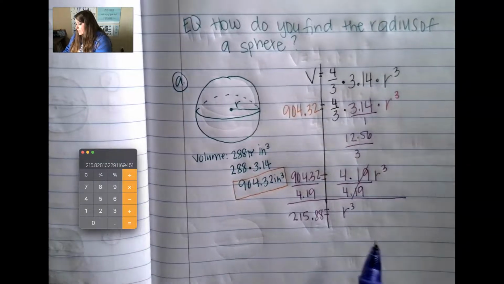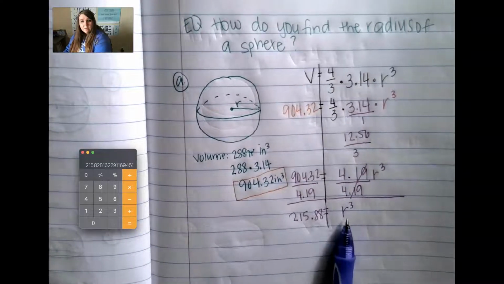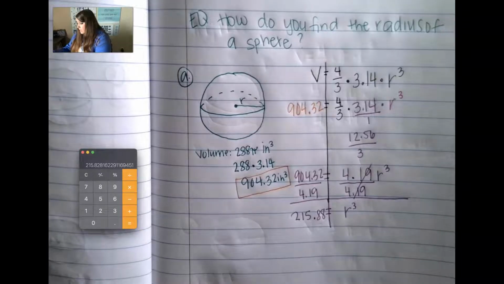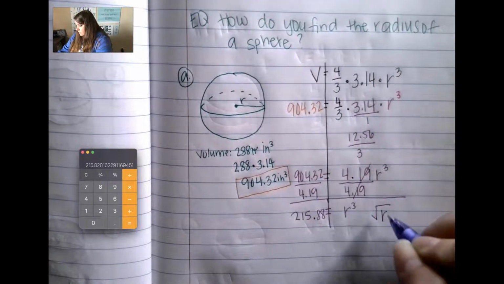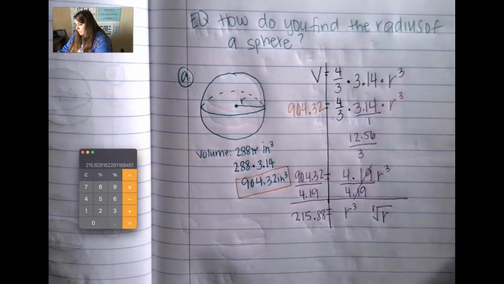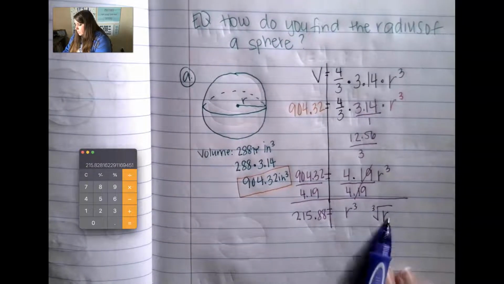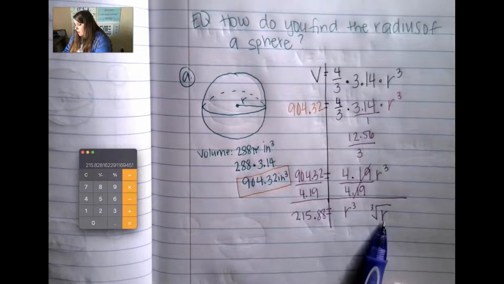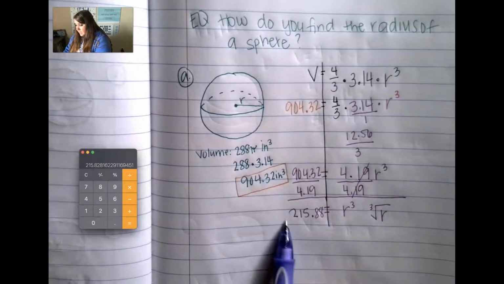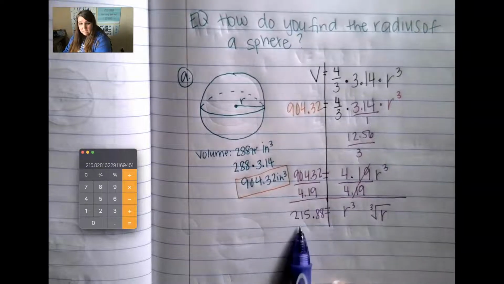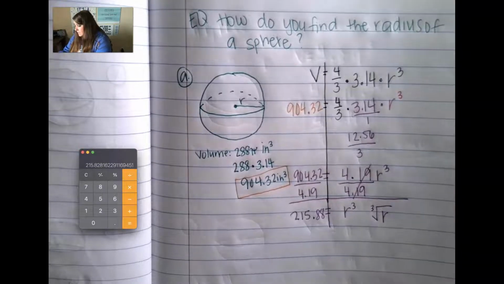Whew. All right, now to get rid of this r cubed, we are going to use the square root sign of r, but we're going to put a little 3 there. So we're going to take the root of the r's. So all of the r's together multiply to equal 215.88.